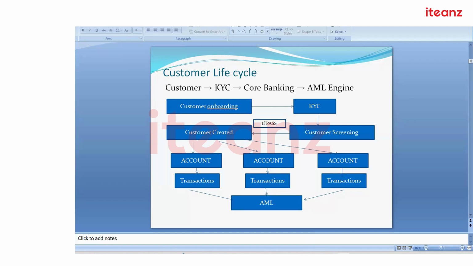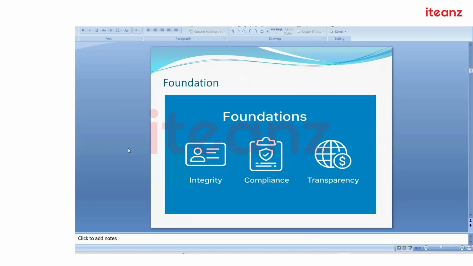Then why is AML required? Because of the integrity of the bank, trust. Trust can be built via compliance. Transparency: whatever the transactions or charges are, they have to tell the customer that these are the charges, these are the things.